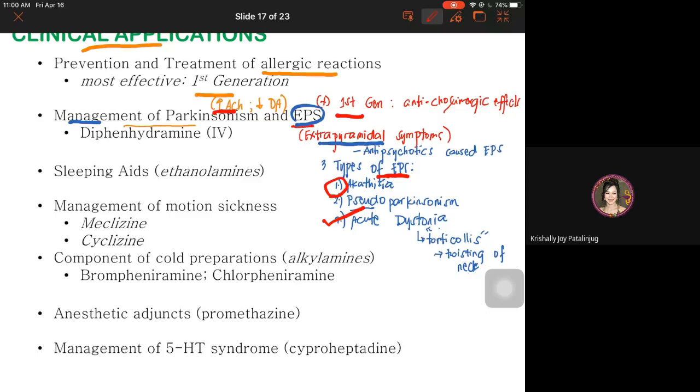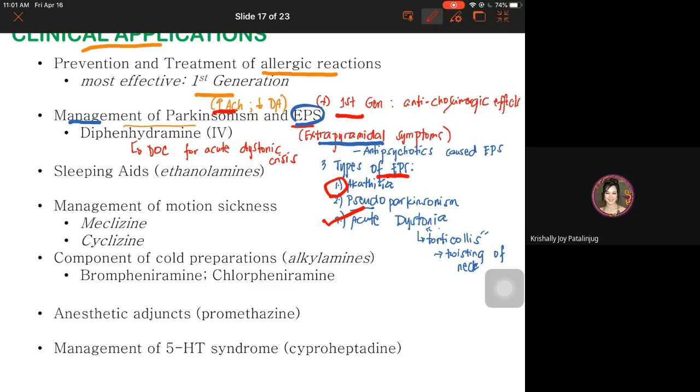But for diphenhydramine, which is administered intravenously, ito yung drug of choice for acute dystonia, or dystonic crisis. Kasi, di ba, diphenhydramine has a significant CNS anticholinergic effect.